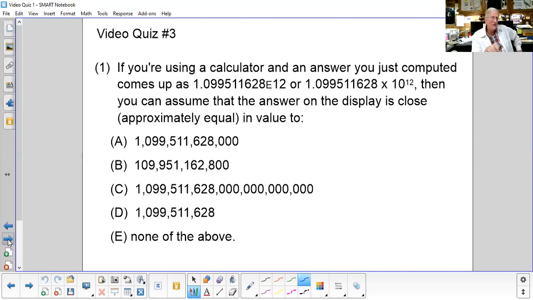Do you remember what the 10 to the 12th tells you? Hint, hint, hint. Doesn't it tell you something about moving the decimal point? So which of these answers correctly moves the decimal point to where it should be to approximate the final answer to this problem?